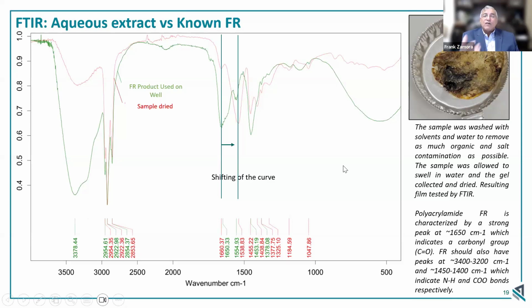And remember, there's a lot of other things. You're never going to get a perfect match simply because there are other things in the gummy bear itself. You're looking at a baseline reference, which is a pure reference material, versus something that may have already reacted with something else. So you're looking at a baseline versus a reacted material.